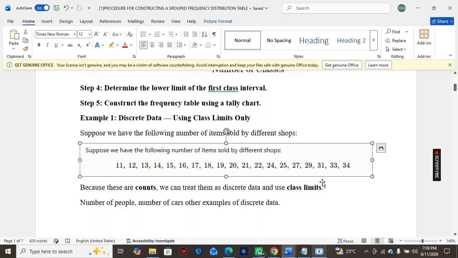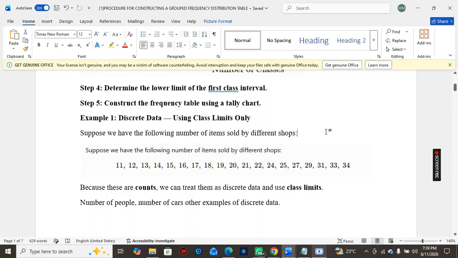So the first thing, step 1, we need to find the range. You look at your data and find the highest value, which is 34. What is the smallest value? 11.